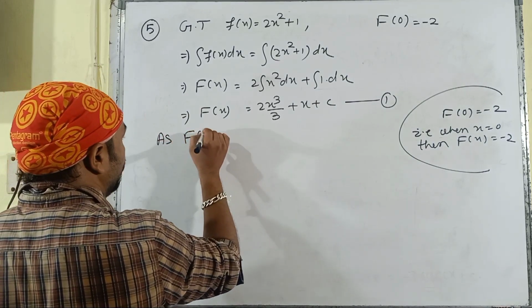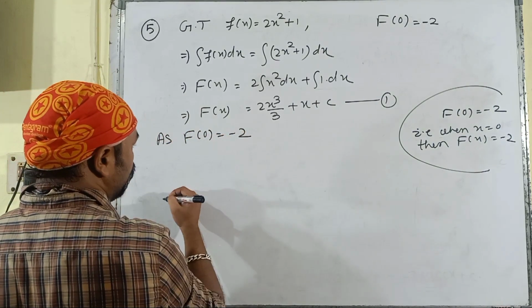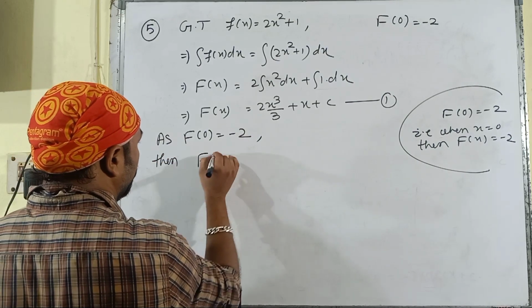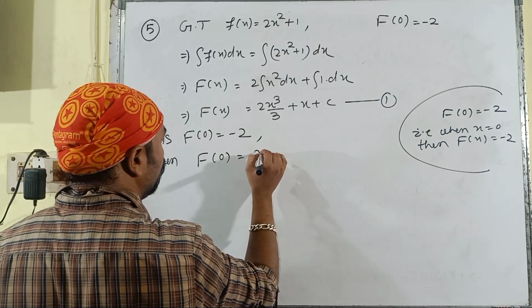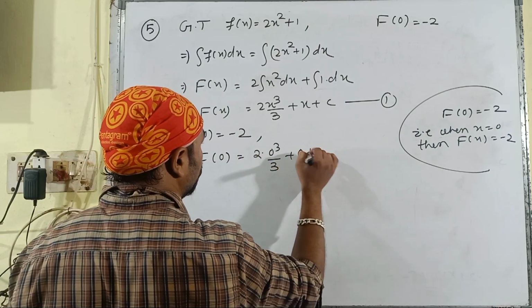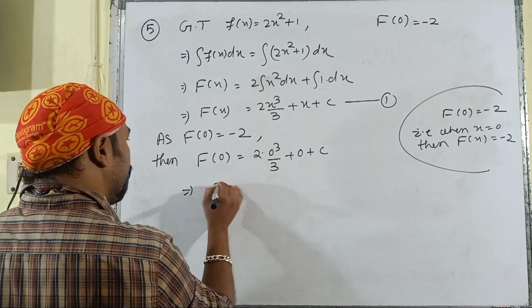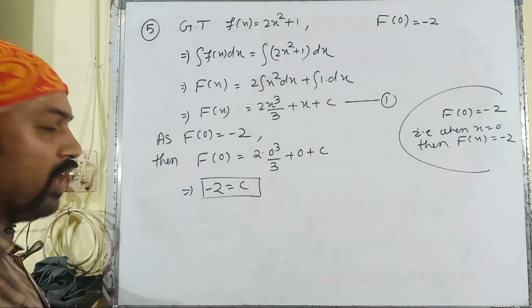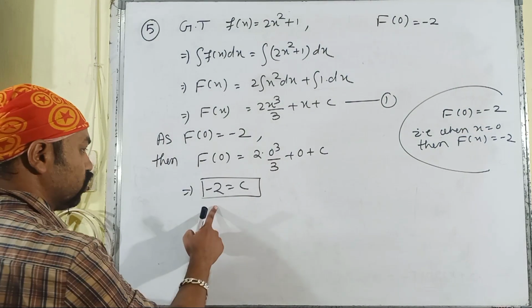As F of 0 is equal to minus 2, then F of 0 is equal to 2 multiplied with 0 to the power 3 divided by 3 plus 0 plus c. So minus 2 is equal to c. So the value of the constant is equal to minus 2.